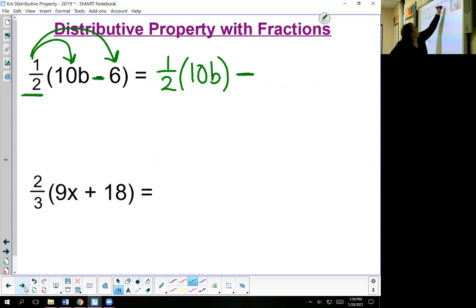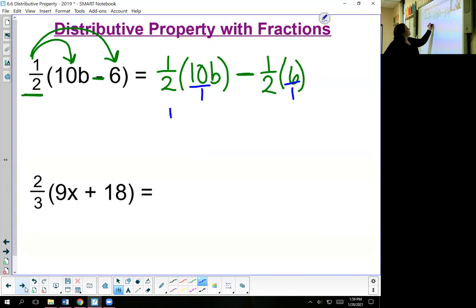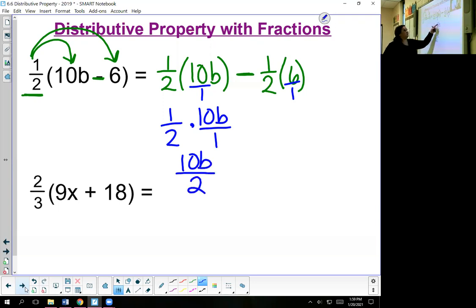Think about what I'm saying. Half of 6. It's multiplication. So if you remember, whole numbers we could put over 1, right? So this is really 1/2 times 10b over 1. So this would be 10b over 2, because 1 times 10 is 10, 2 times 1 is 2.